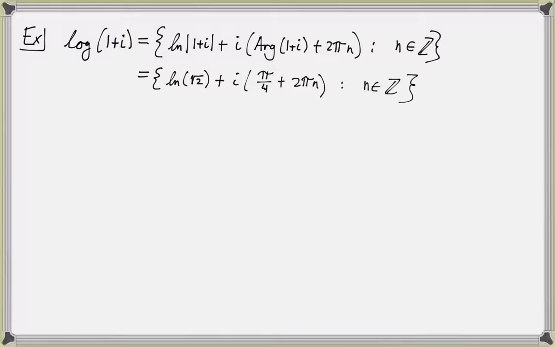Now the principal value of log of 1 plus I, again, we would just let n be 0 in the last statement. So this would equal the natural log of root 2 plus pi I over 4.